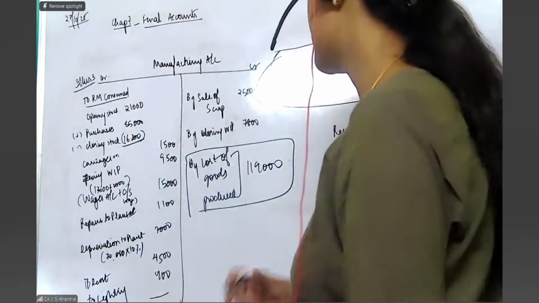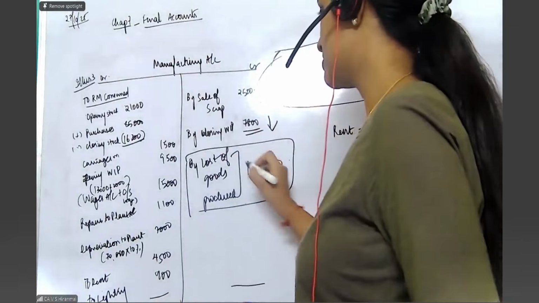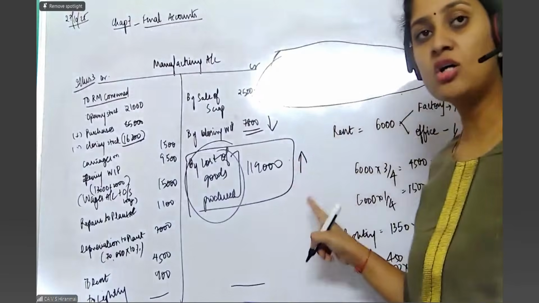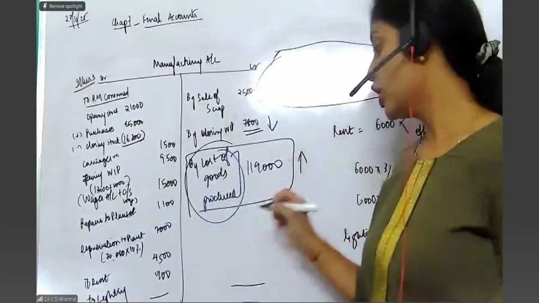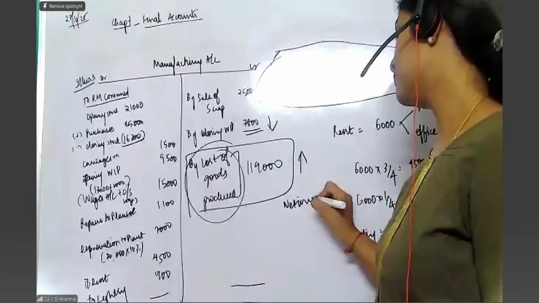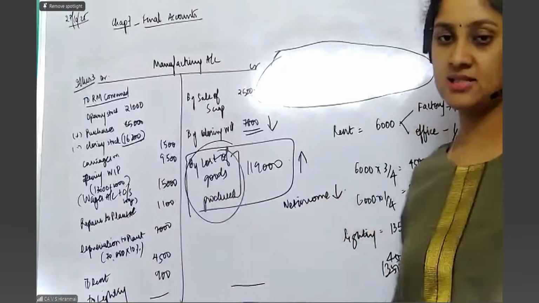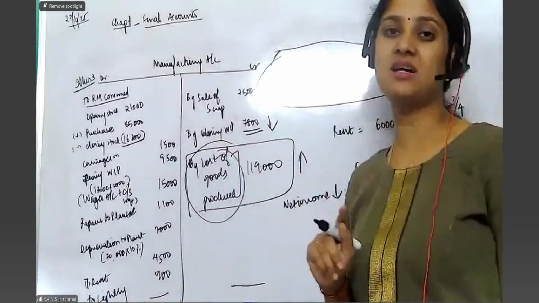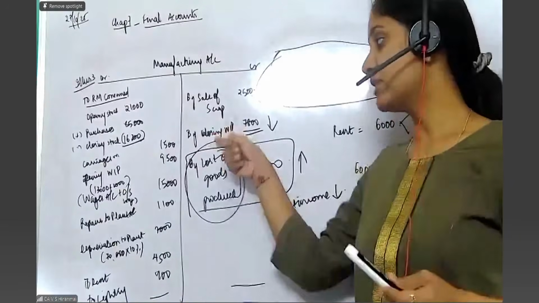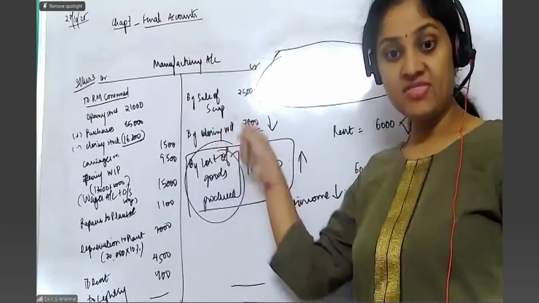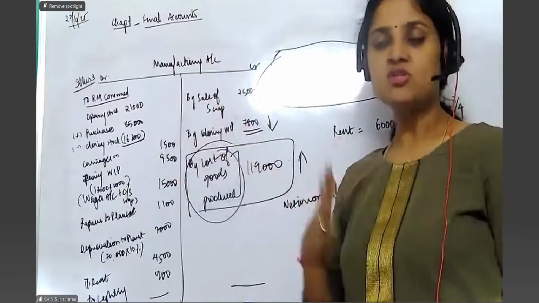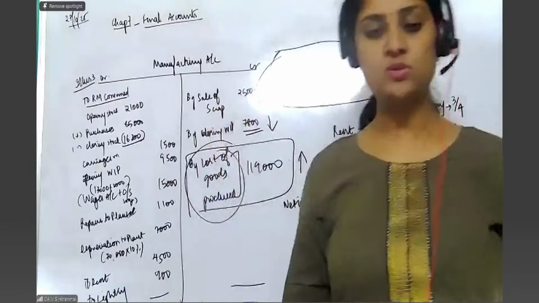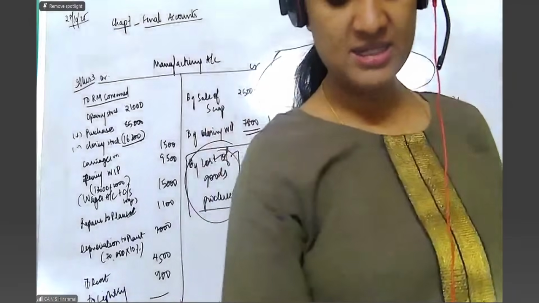All of you please see, when closing work in process reduces, your cost of goods value increases. When cost of goods produced value increases, your net income for that period decreases, because the effect is in the trading account and the P&L account. When you reduce the credit side, the expenses will be more, correct? So that is why your profit or the income will be understated or reduced.